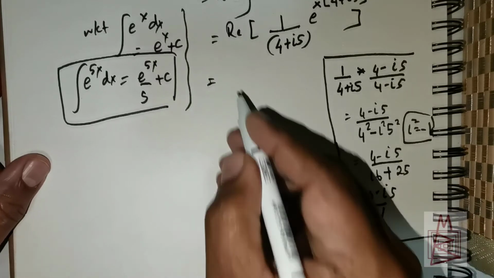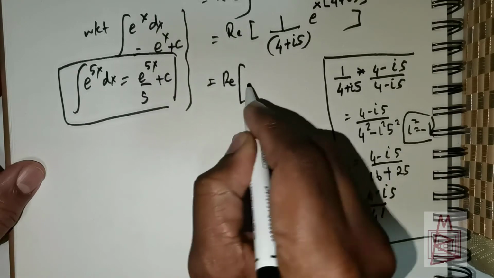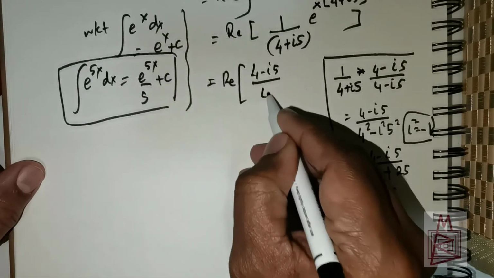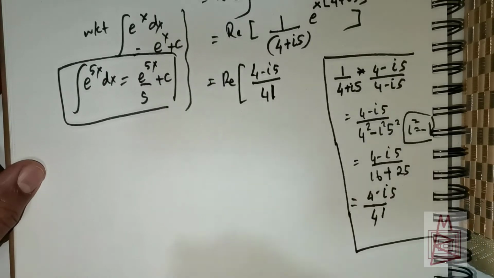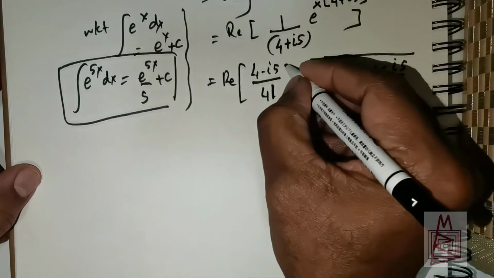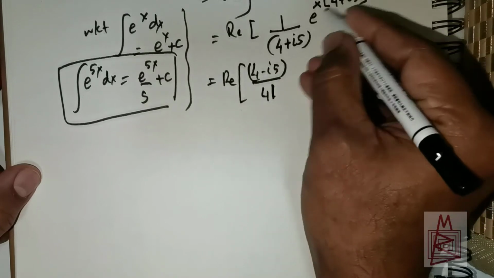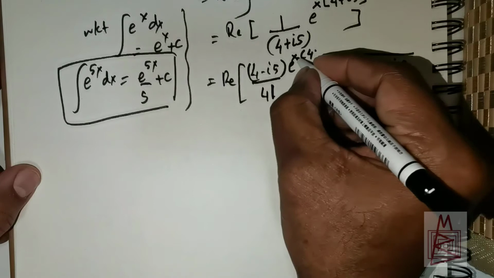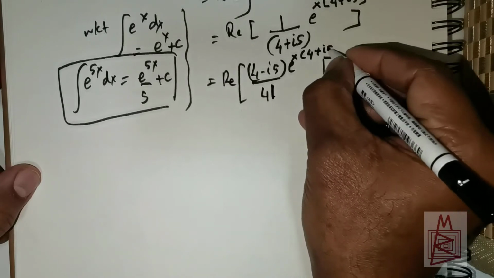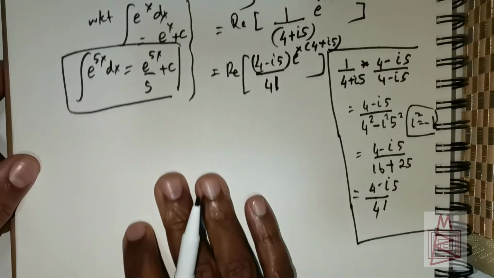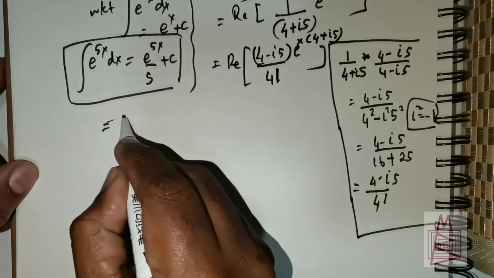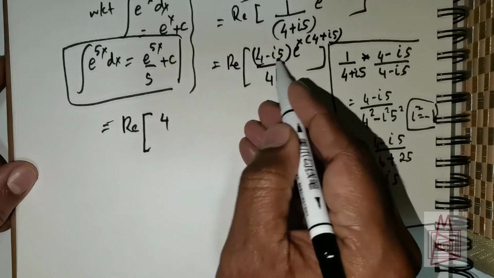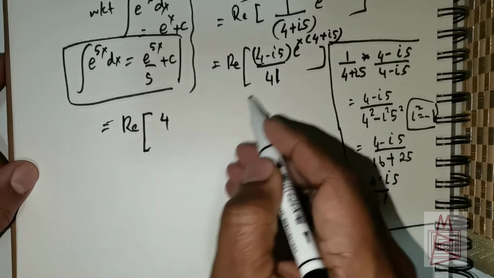So you just need to place the real part of (4−i5) divided by 41, and this is e raised to the power, for now let me retain it as it is, e^(x(4+i5)). I will rewrite it here. So this is equal to the real part of, now (4−i5) divided by 41.